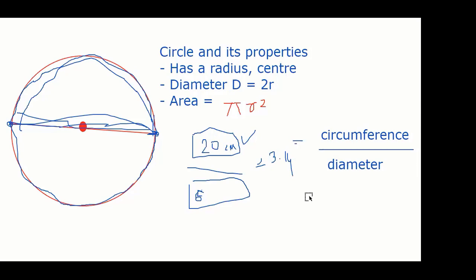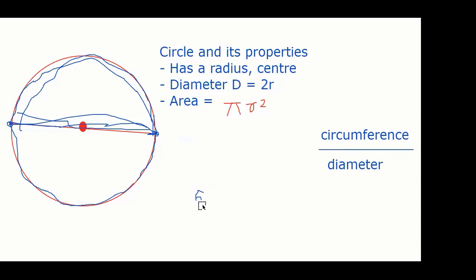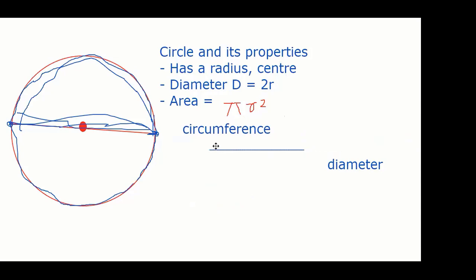And that constant, Greek mathematics termed as pi. Because the value will always come as a constant. Are you getting it, guys? Yes, sir. The ratio of circumference to diameter of any circular object will always be a constant.